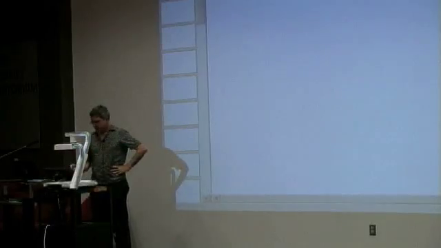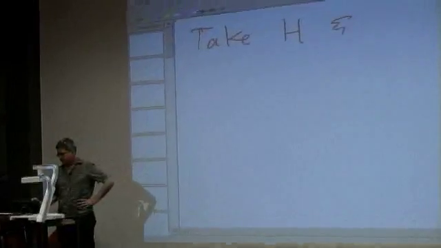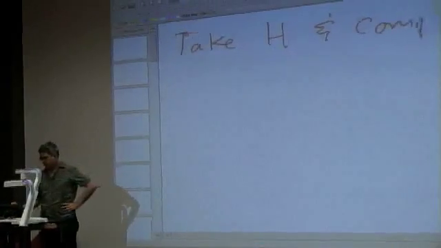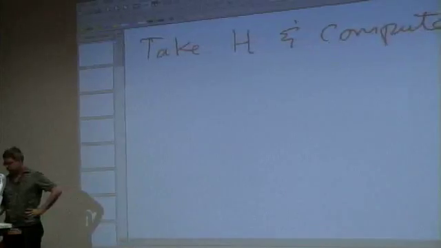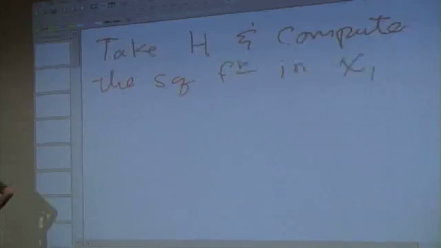Okay, so I think the proof of this is useful. It's a corollary to the previous estimates that I was stating. So take H, and compute the square function in x1.